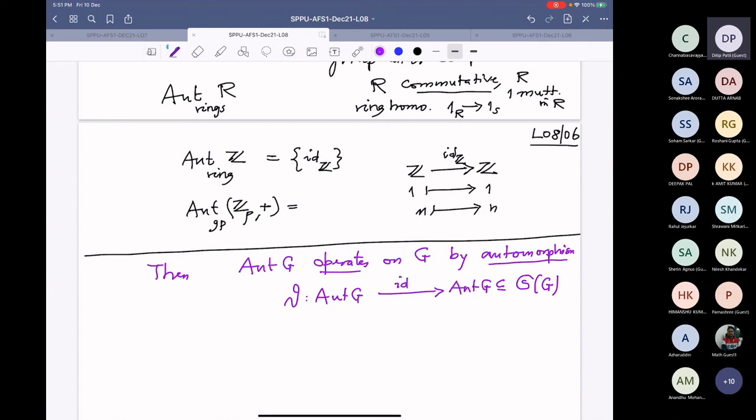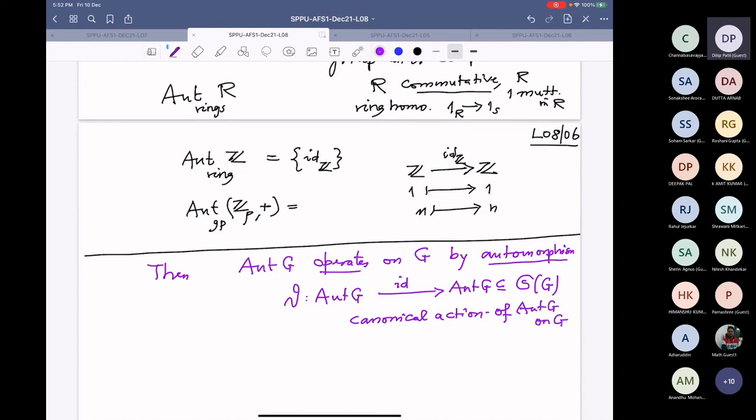The identity map. It is a very natural action, a canonical action of Aut G on G.